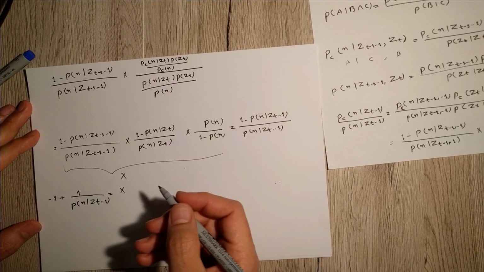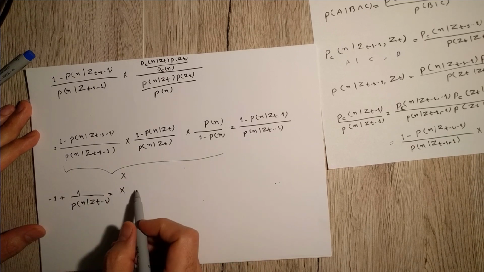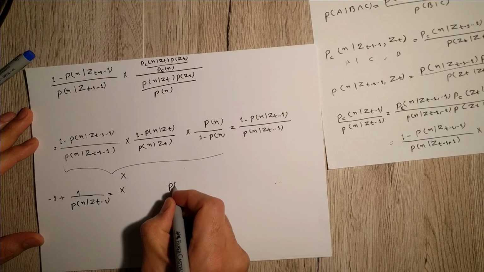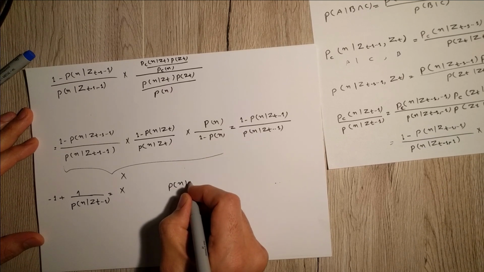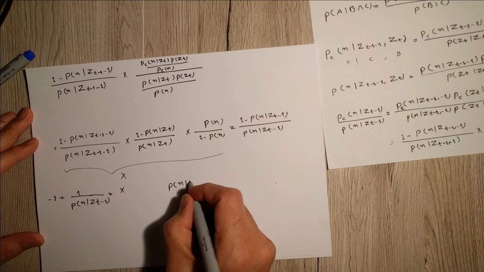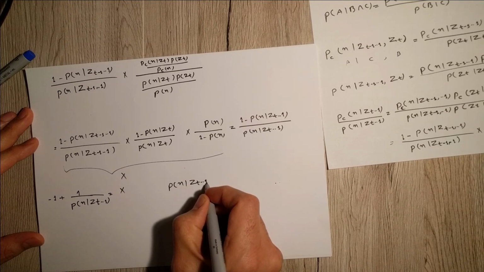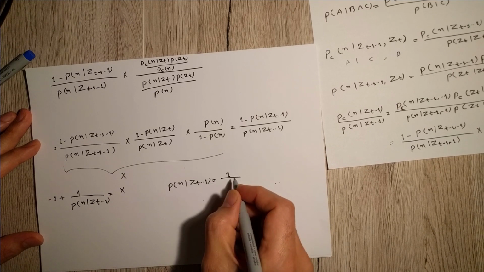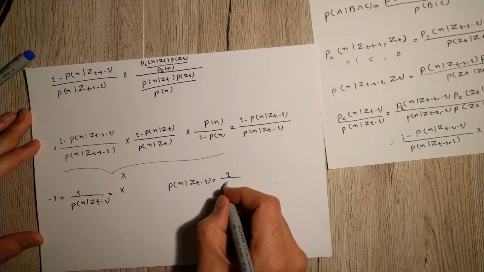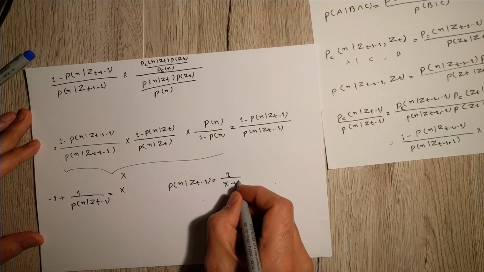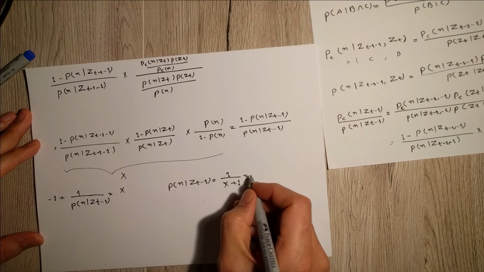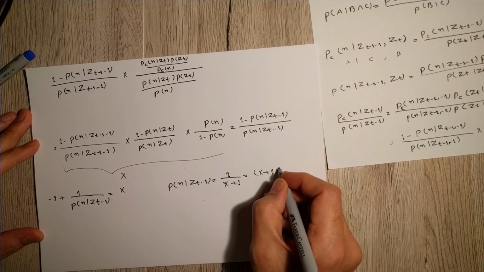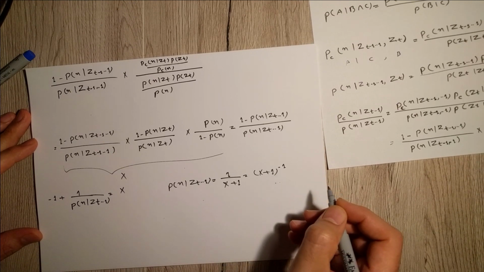Or in other words, we can just put the x on the other side and make it upside down, which gives us the probability of n not to be occupied after t time measurements, from time 1 to time t, 1 over x plus 1, or x plus 1 to the power of minus 1.